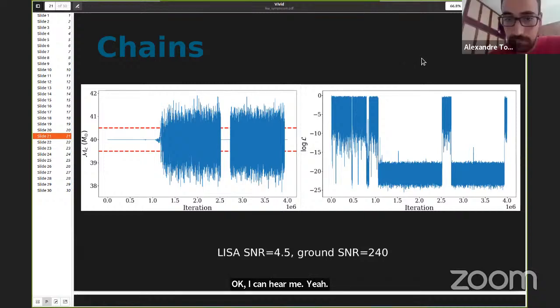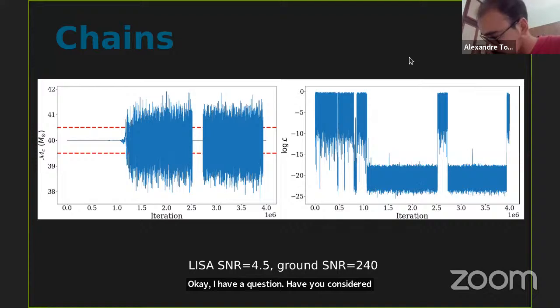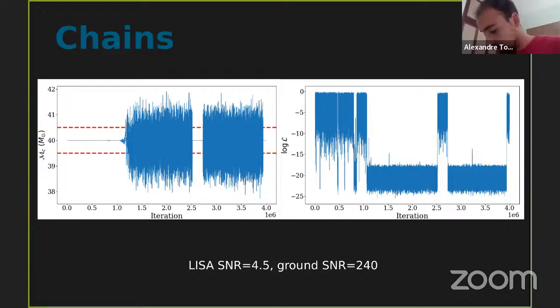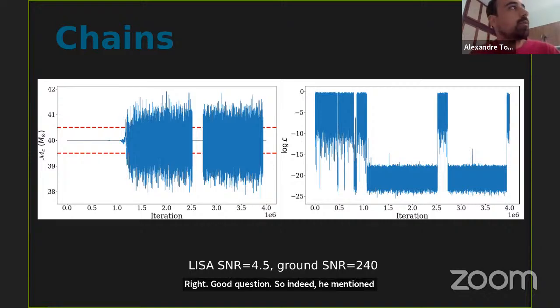Have you considered the noise when you try to search for the signal? Will that affect your parameter estimation result? Right, good question. Indeed, I did not mention it, but here we are working in the zero noise approximation.